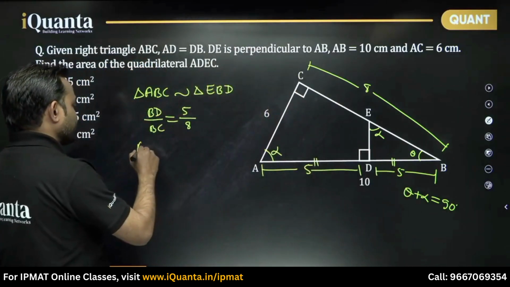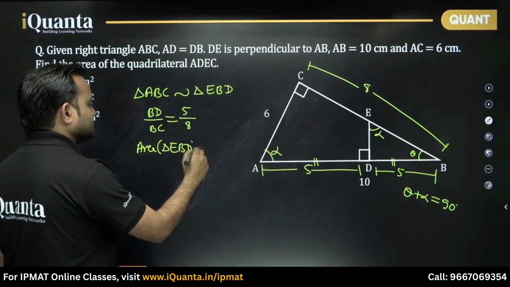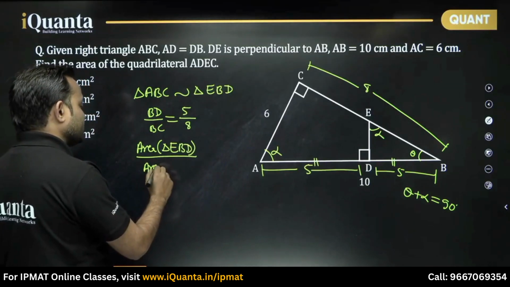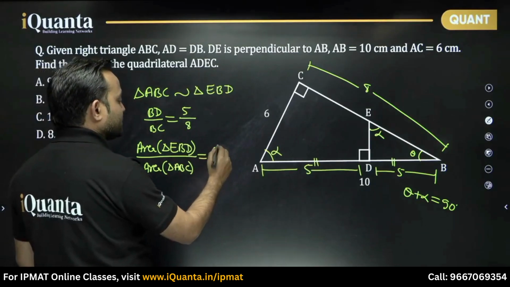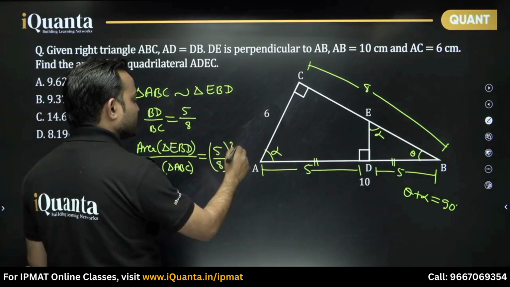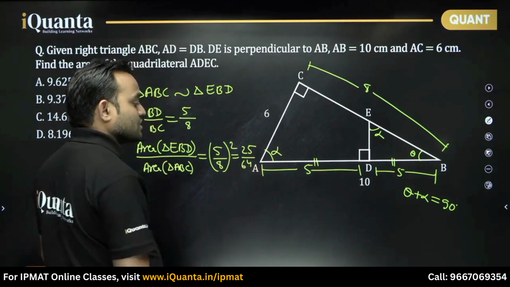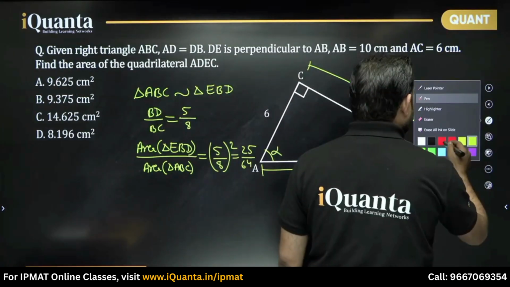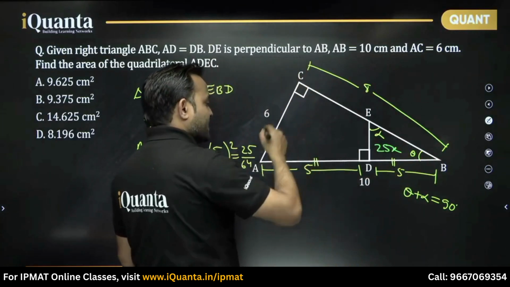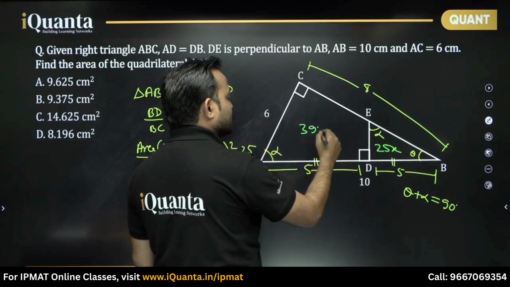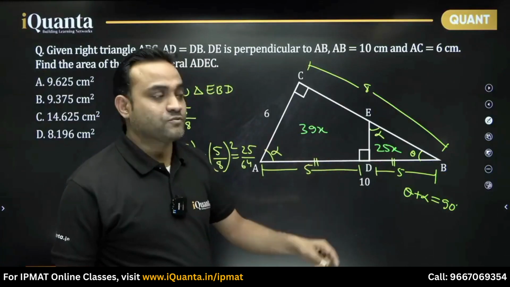Can we say that area of triangle EBD divided by area of triangle ABC will be equal to the square of the ratio of corresponding sides, which is equal to 25 upon 64. Now think about this. If I take the area of this triangle as 25x, the area of this quadrilateral should be 39x, right? Then only 25 plus 39 is 64x.